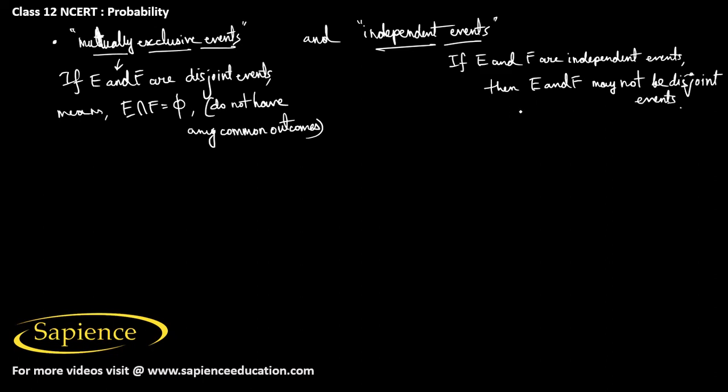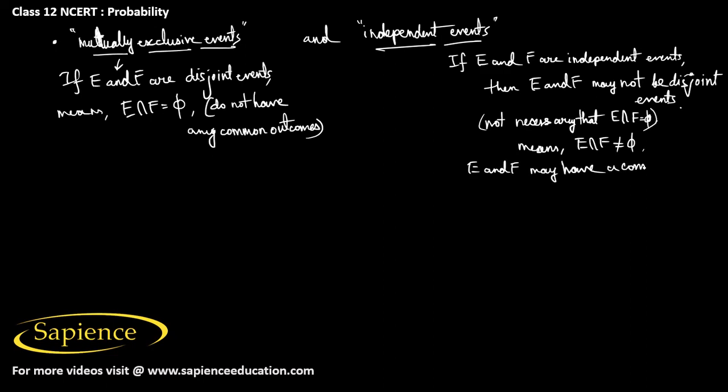It means it is not necessary that E intersection F should be equal to phi. It means that E intersection F will not be equal to phi. It means they may have a common outcome. The events E and F may have a common outcome if they are independent.